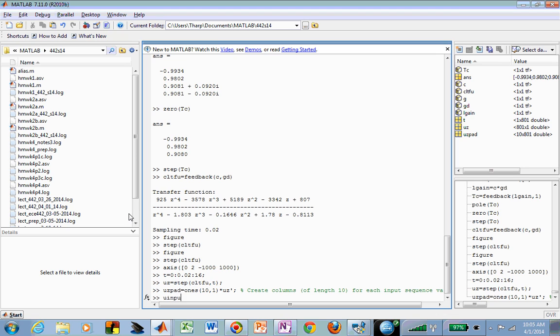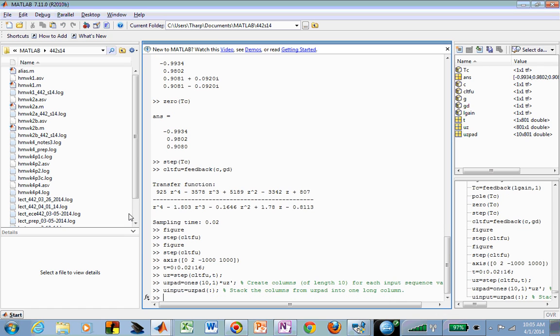And now I want to stack all of those up in one particular column. And now I will create a time vector that is also consistent with what I just created for my input. So I need to divide the sample period by a multiple of 10.